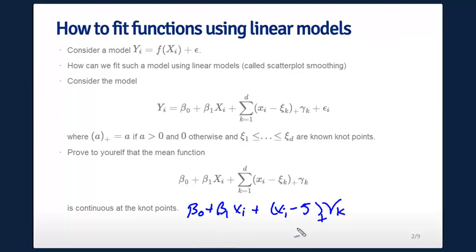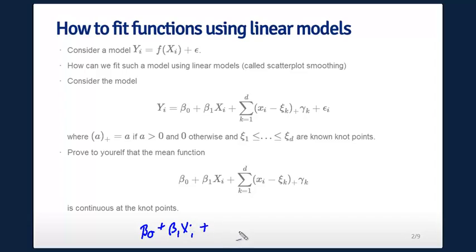But that you have that below 5, the line is beta naught plus beta 1 x_i, right? Because below 5, these are always negative, and so the plus will turn them all into 0, so the whole term drops out. And then above 5, it's going to be beta naught plus beta 1 x_i plus (x_i minus 5) times gamma k, right?